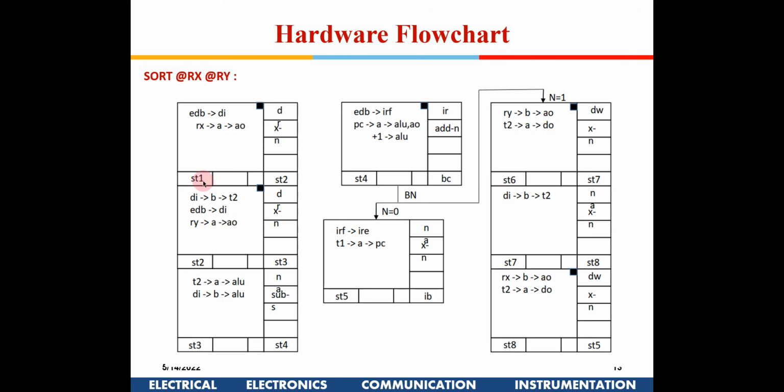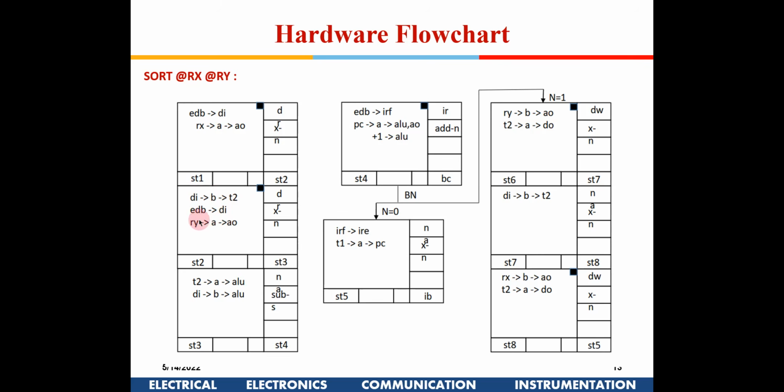Similarly, a flag is also not required out here. So this is ST1 and ST2, I have just put two labels out here. Now what I have done is the contents from that memory which was being pointed to by Rx, I have got into DI. Now from DI I am getting it to T2.